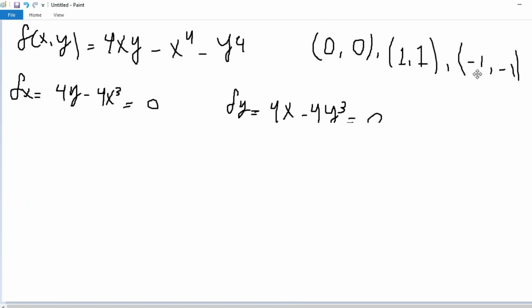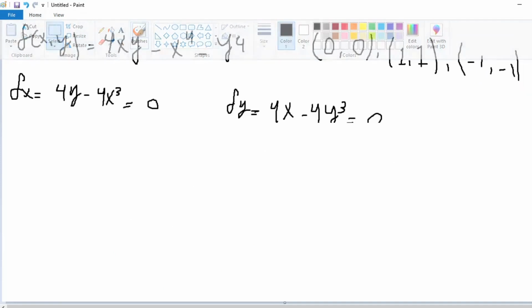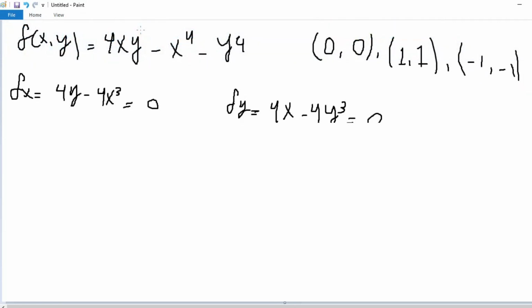Okay. So the second step, as I said, we need to find what? We need to find the discriminant. So to find the discriminant, there is an equation. It's written as f double x multiplied by f double y, and then negative f x with respect to y, and then square.